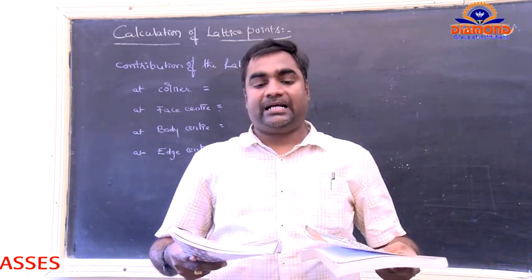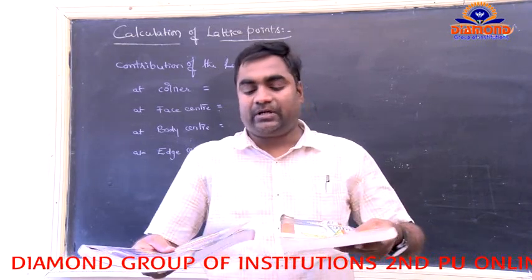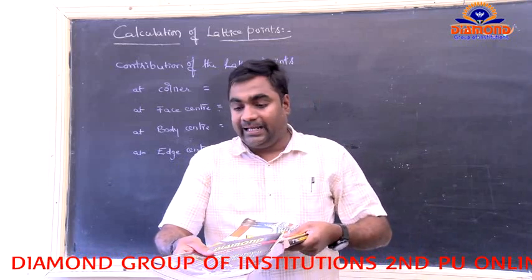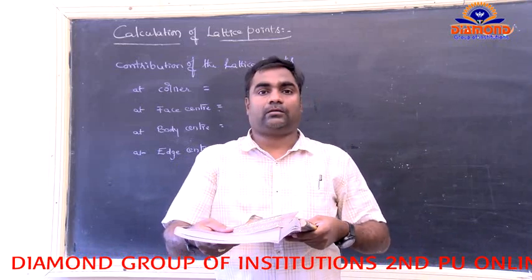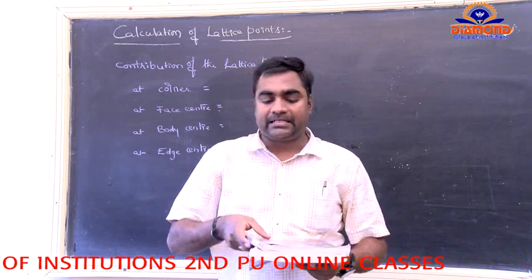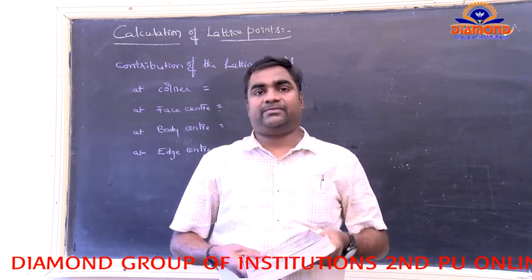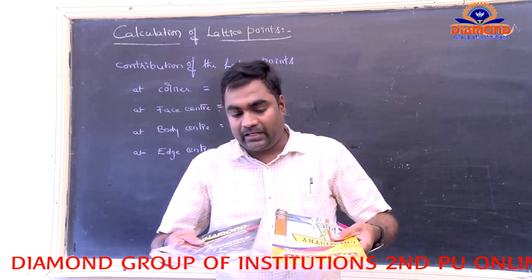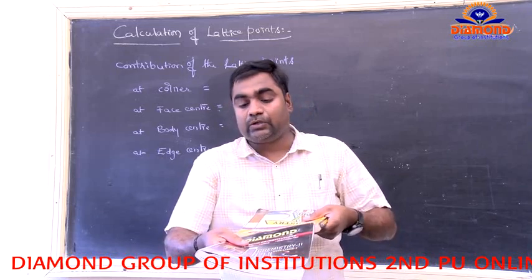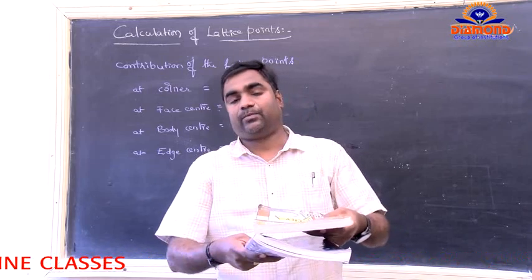Next, in the second position, suppose this book is placed here. Does it touch the lattice point or not? No. Here is the first arrangement, here is the second arrangement, and there is no touch at this point.